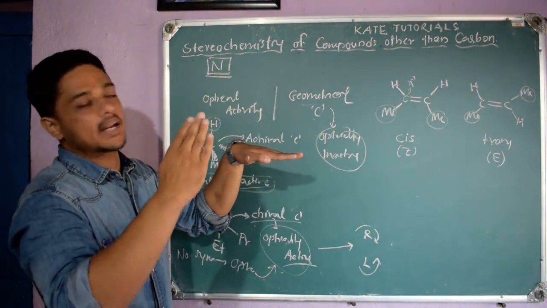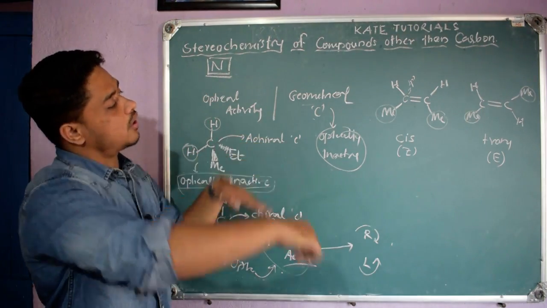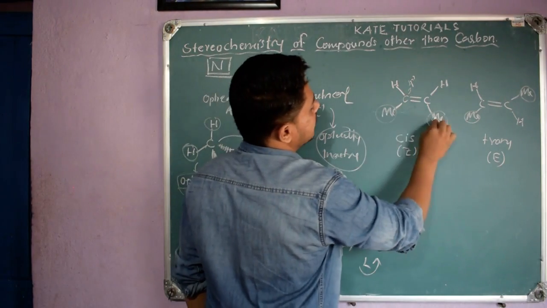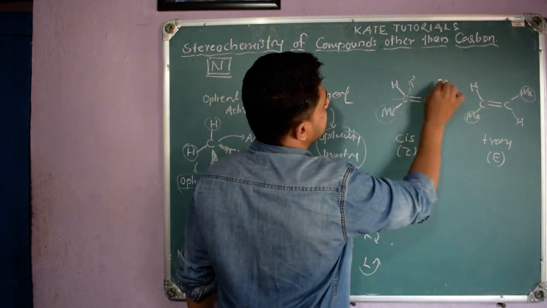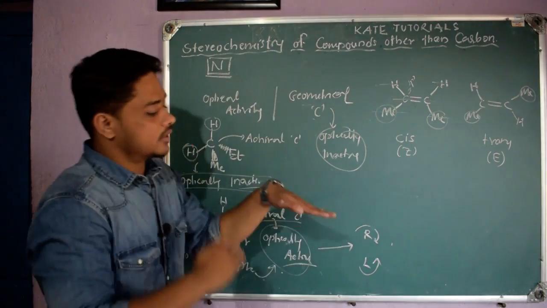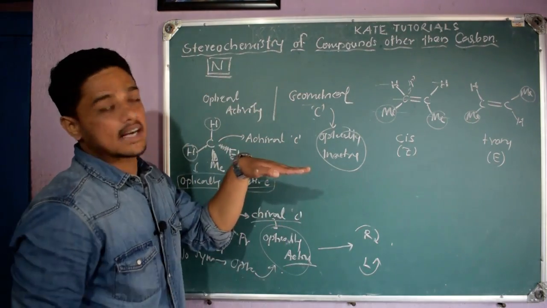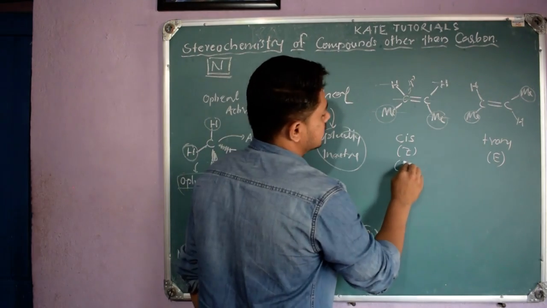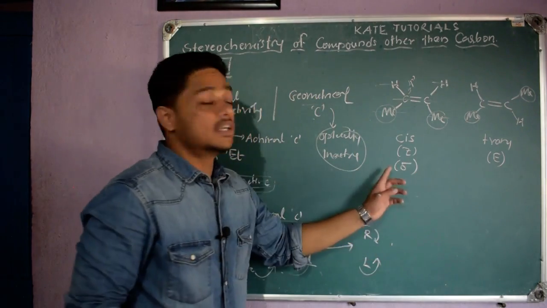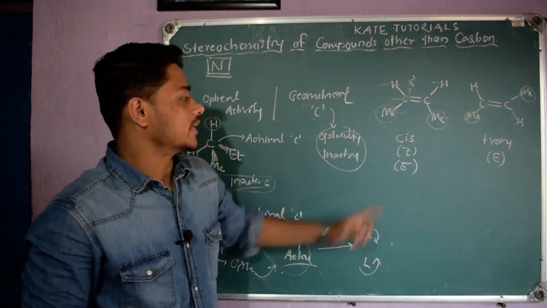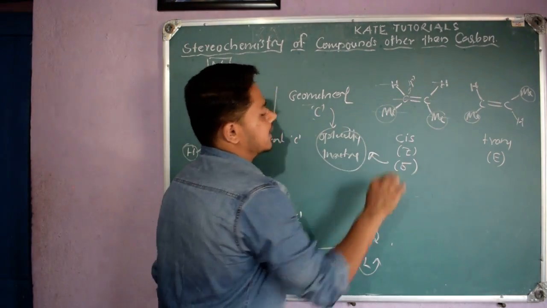If I take a plane, if I cut the molecule, the whole molecule will be halved. Methyl will be halved, this carbon will be halved, this hydrogen will be halved, right? So a plane can cut. So it has a plane of symmetry. So since the molecule has a symmetry element, that is a plane of symmetry, it will be optically inactive.